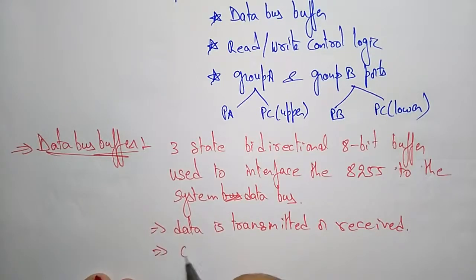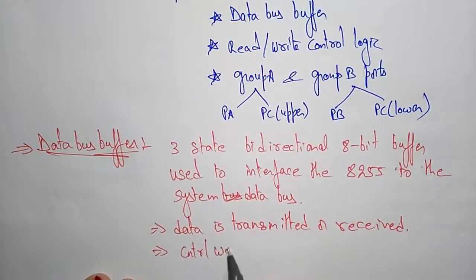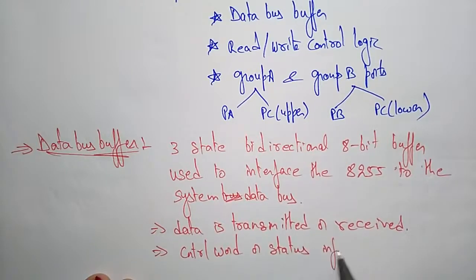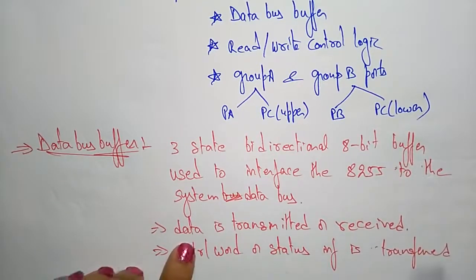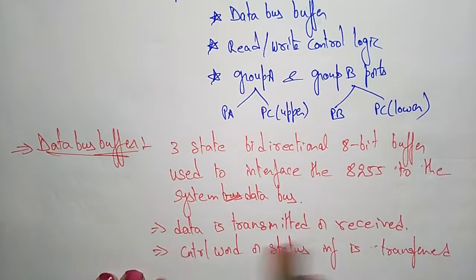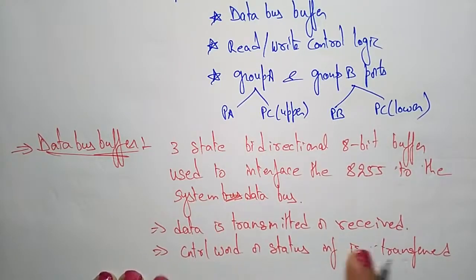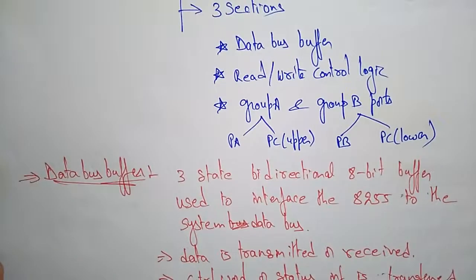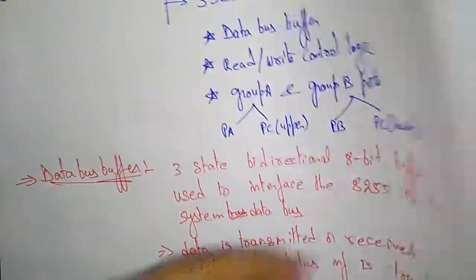So not only is the data transmitted or received, at the same time the control word or status information is also transferred. So this is about the data bus buffer.